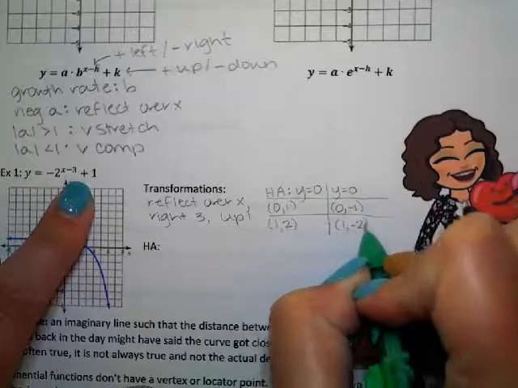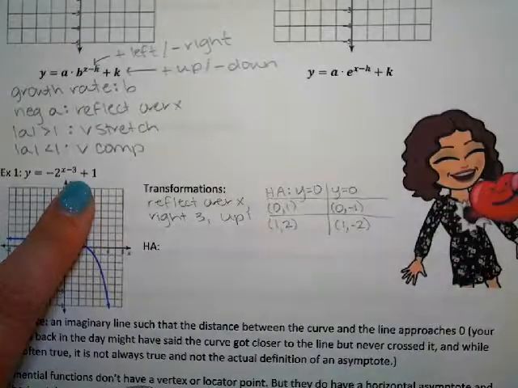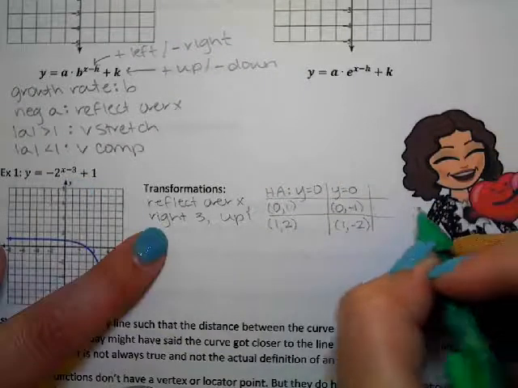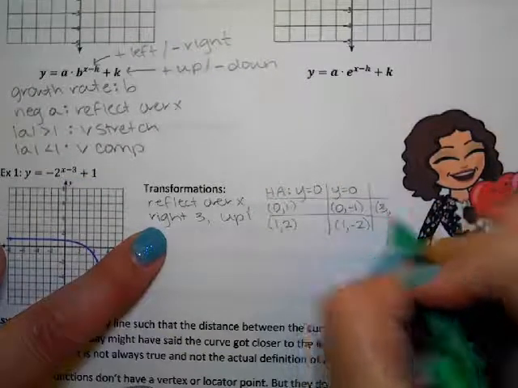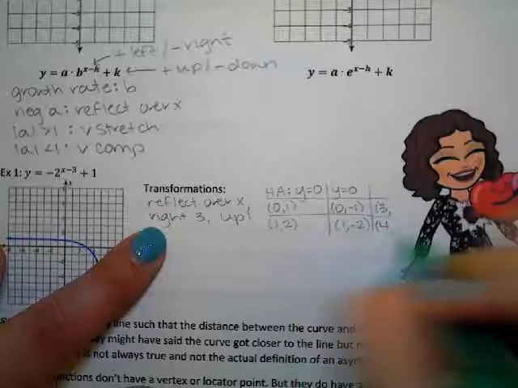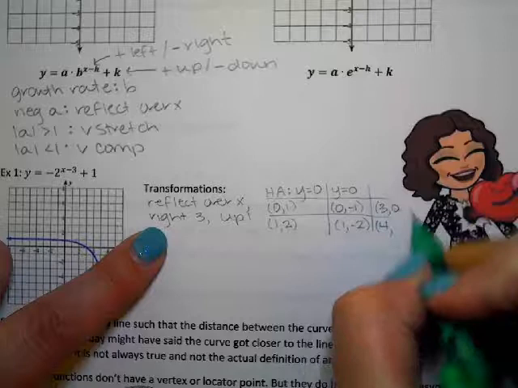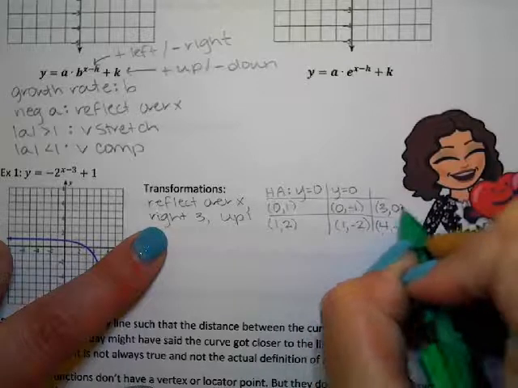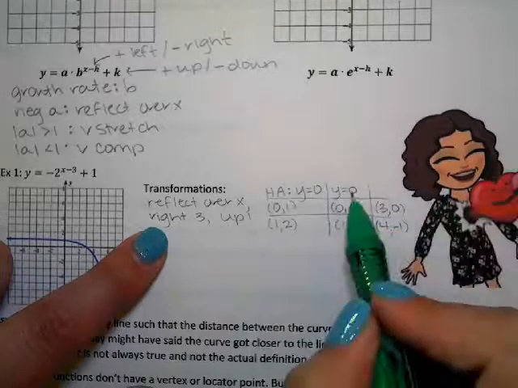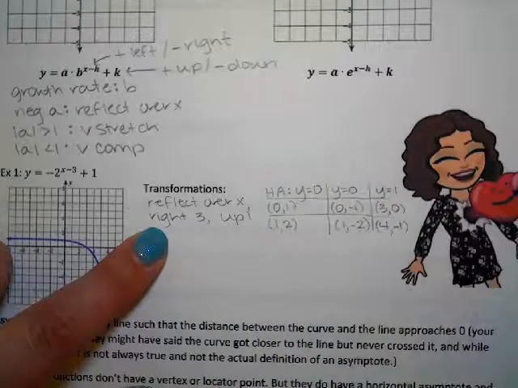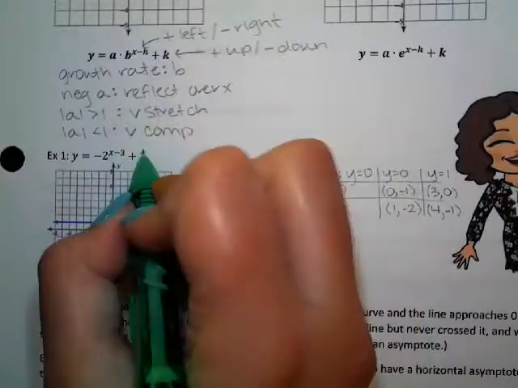There's my reflect over x. And then I can go ahead and shift my graph to the right 3, and then shift my graph up 1, so there's my 2 points. And the horizontal asymptote, when I shift it up 1, is going to shift up 1 as well. And so you can see the horizontal asymptote in the equation, it's the number on the end.